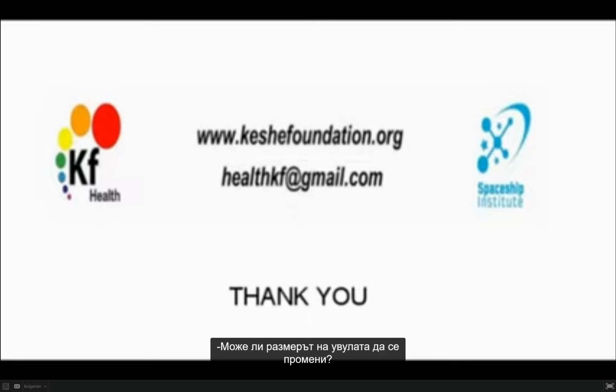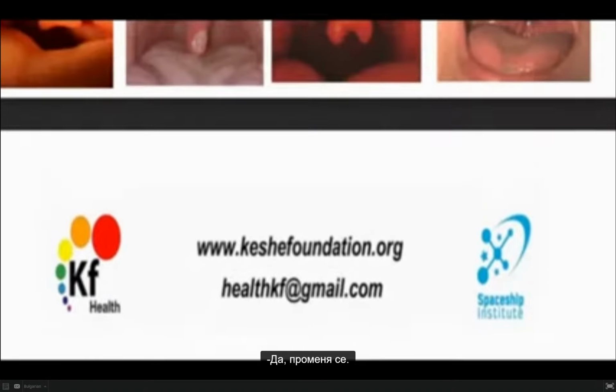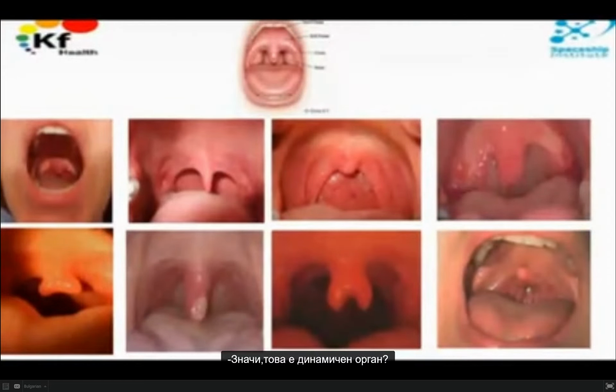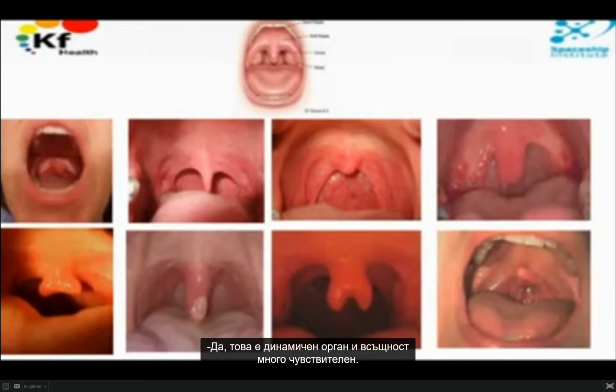Can the size of the uvula change? Yeah, it changes. It's a dynamic organ, and so sensitive actually.